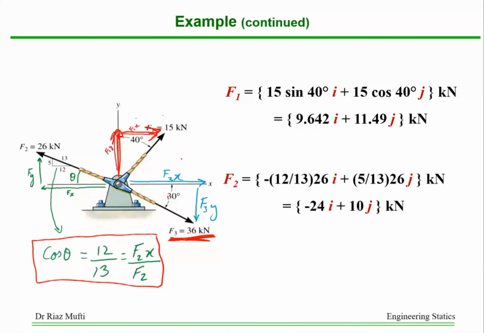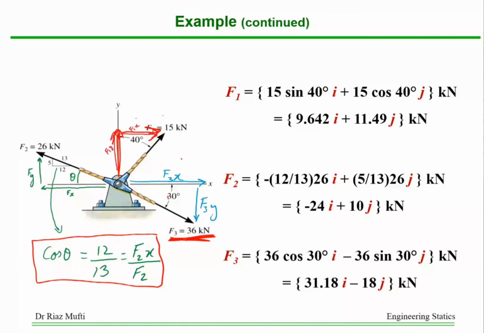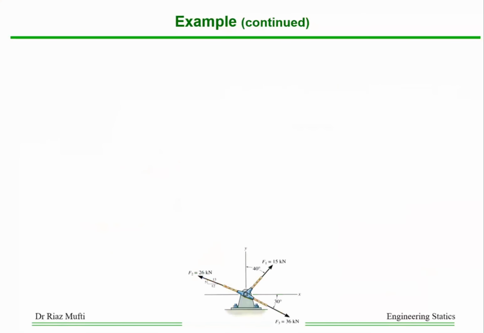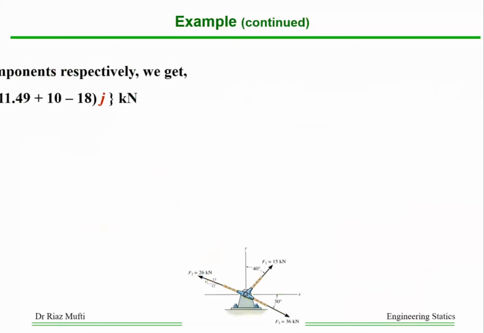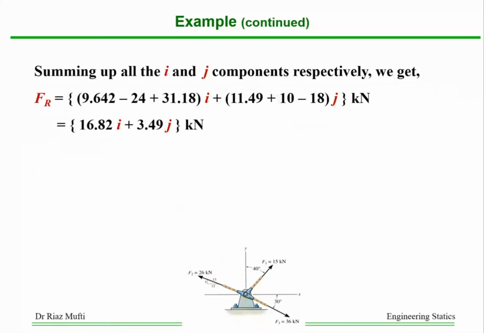So once I've got all my components in x, y component parts, I'm going to now add up all my x components together and all my y together. And this is what I get. I've got the resultant in vector form.